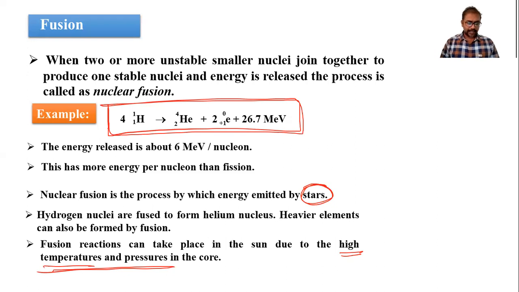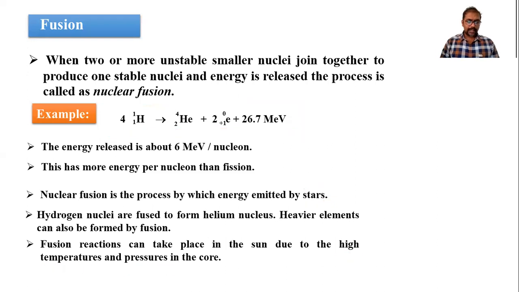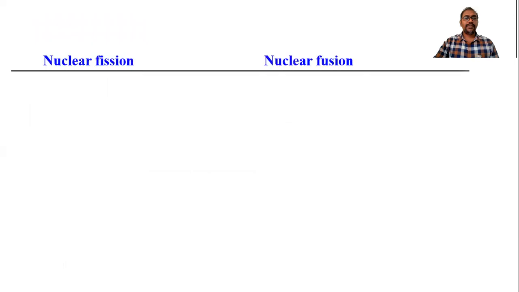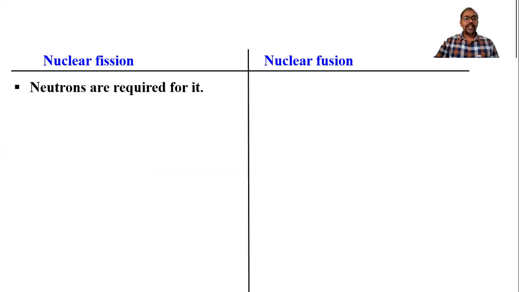Now we have learned nuclear fission and nuclear fusion. Let's see the distinction between nuclear fission and nuclear fusion in one go. Nuclear fission is on one side and nuclear fusion on the other. In nuclear fission, neutrons are required: uranium is bombarded by a neutron, then only it splits into barium and krypton.